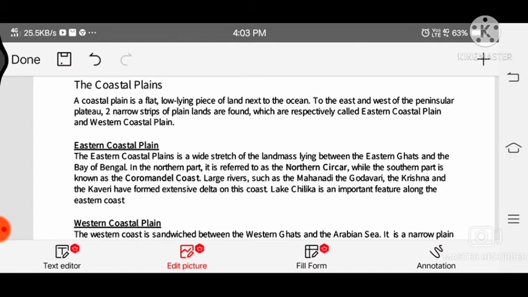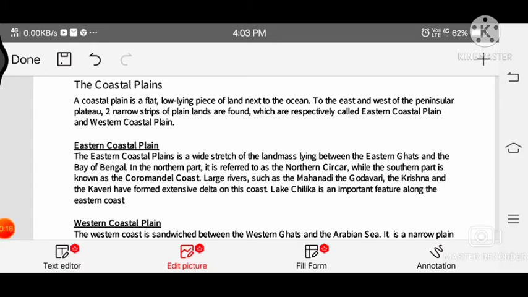In the northern part, it is referred to as the Northern Circars, while in the southern part, it is known as the Coromandel Coast.